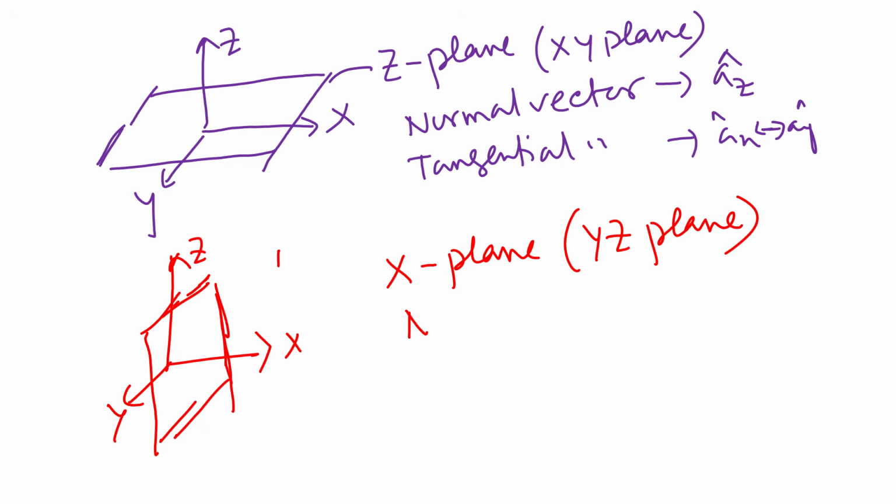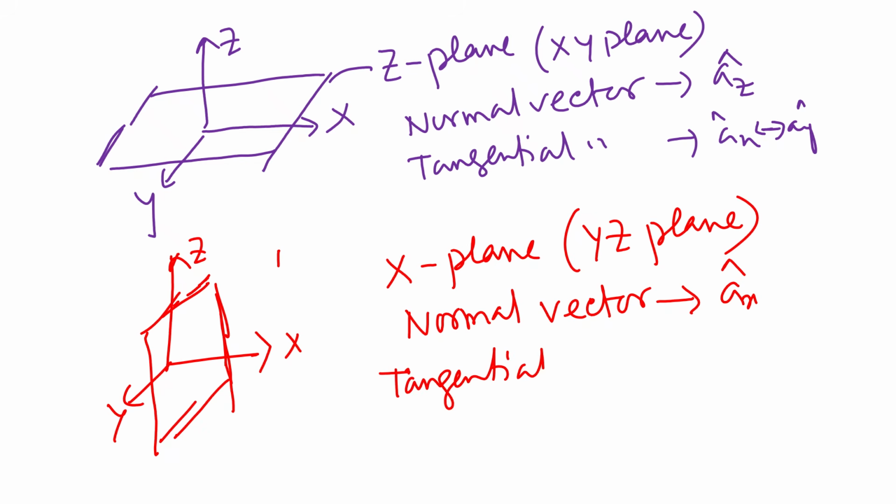So in that case the normal vector will be my ax cap, and the tangential vector will be in the ay and az plane. It will be represented by a plane which has ay cap and az cap.